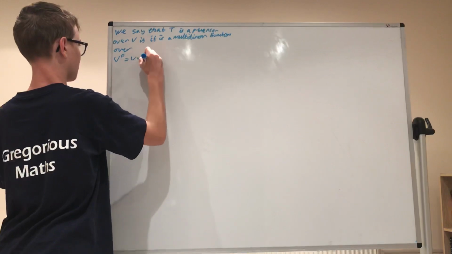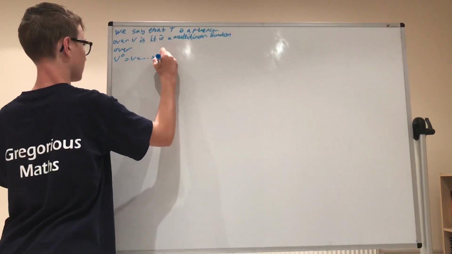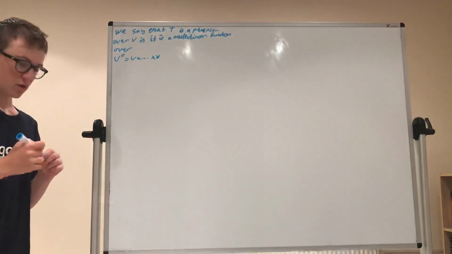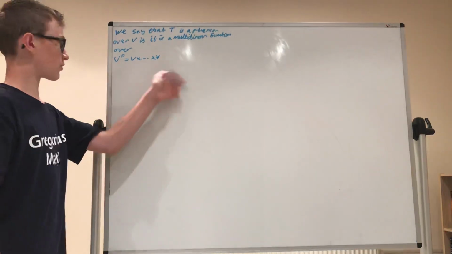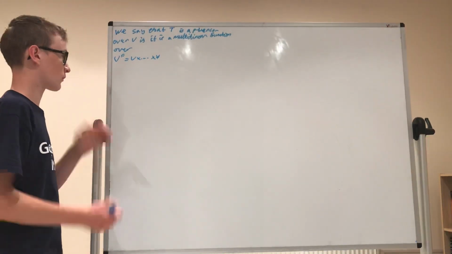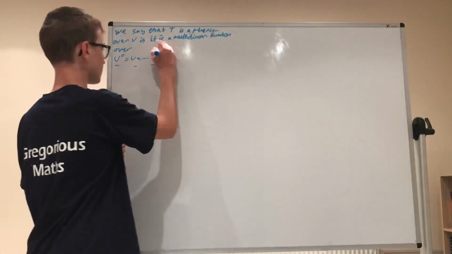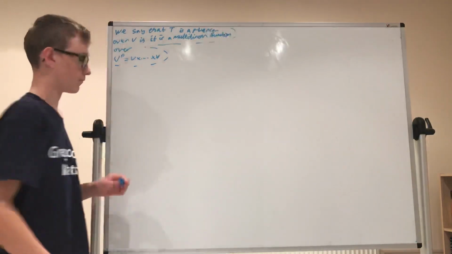And this is of course equal to V times V, p times. Okay, so it has to be linear in each variable, basically. So this is what we mean by a p-tensor.